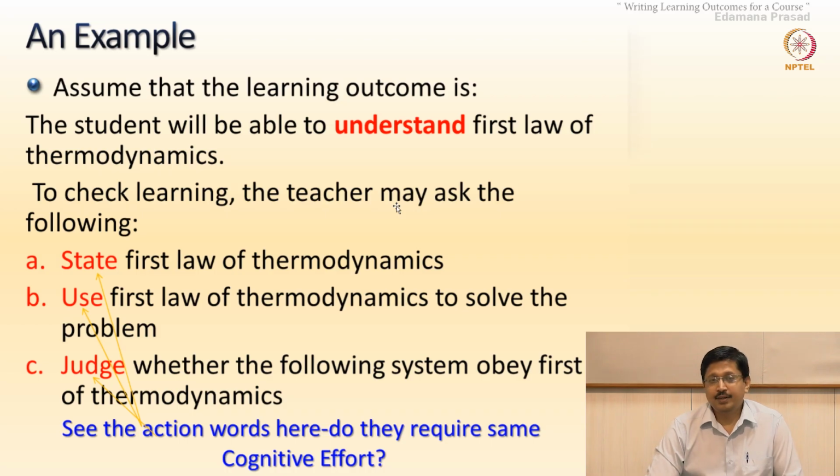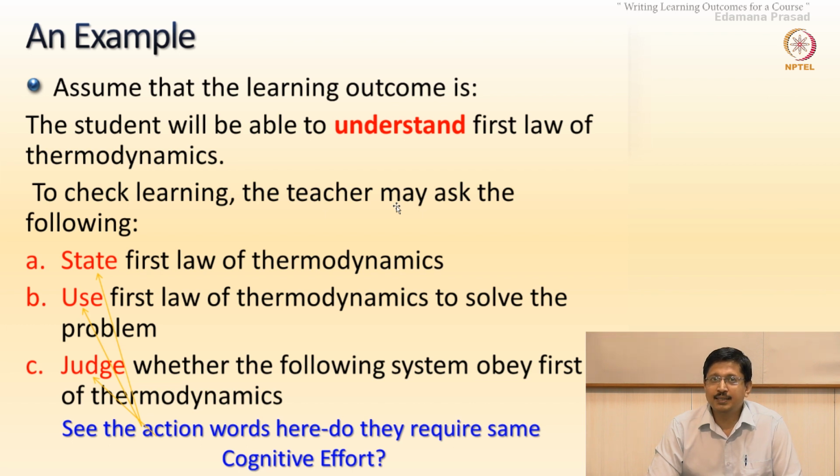The question can be even like, judge whether the following system obeys first law of thermodynamics. And suppose she is able to judge it, the teacher says that she really understands the first law of thermodynamics. However, in the designed learning outcome, we write: the student will be able to understand first law of thermodynamics.